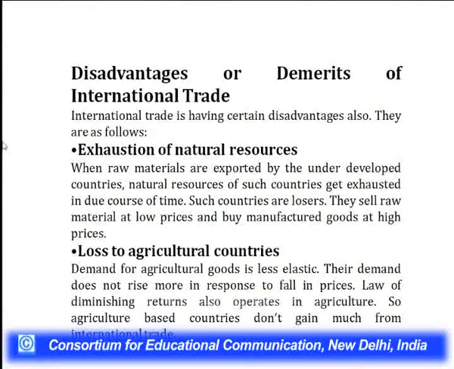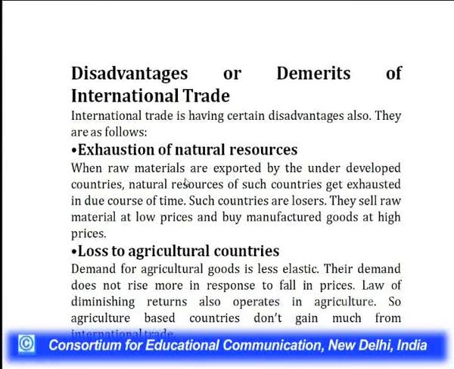Now we will see what are the disadvantages or demerits of international trade. International trade has certain disadvantages also, which are as follows. Number one is exhaustion of natural resources.